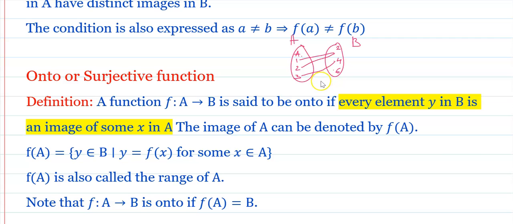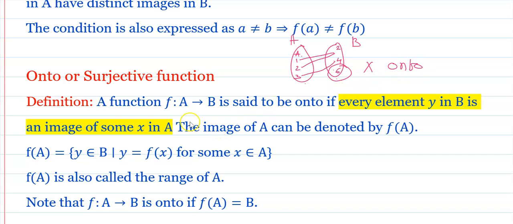In this case, 6 is not the image of any element from the set A and therefore this is not onto. 6 is not the image of anyone.